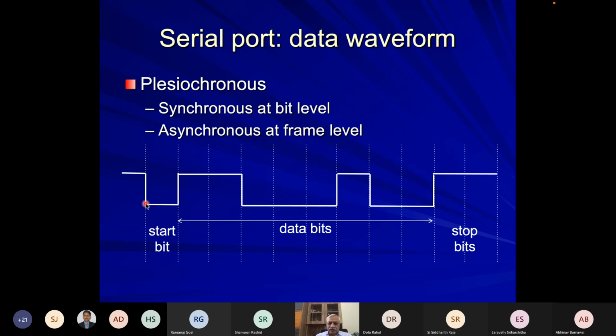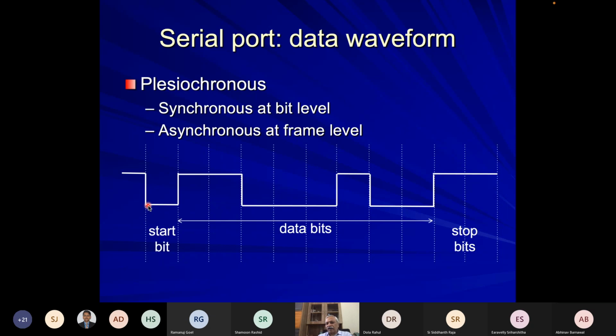So in fact, what may be done is that the transmitter is sending data like this. The receiver works with a clock rate which is, let's say, a multiple of the basic clock, so that it keeps sampling the input line at a fast rate and is able to accurately detect this change from 1 to 0.